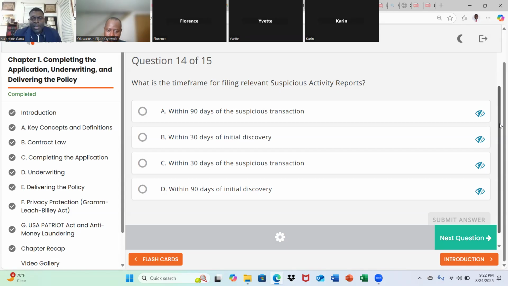So you file a complaint, they do an investigation, and if they find it credible, then they'll produce a suspicious activity report. So there has to be initial discovery. I think it's B. Yeah, 30 days.